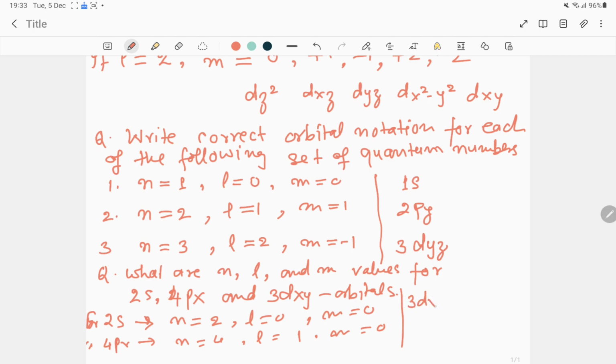For the 3dxy orbital, n is equal to 3, l is equal to 2, and m is equal to minus 2.